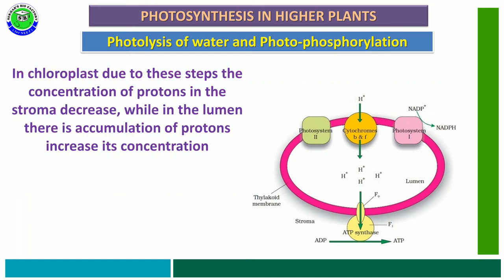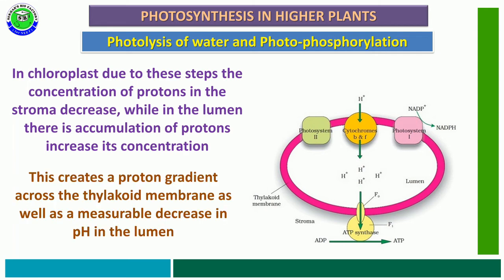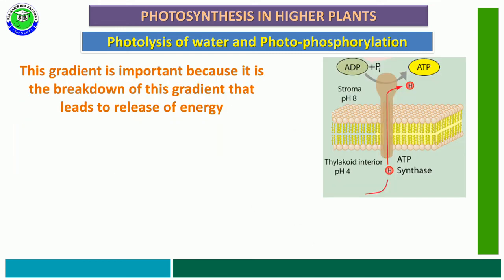So in the chloroplast, due to these steps, the concentration of protons decreases in the stroma and these protons are accumulated in the lumen. This proton gradient, which is created across the thylakoid membrane, is measurable by the decreased pH in the lumen.